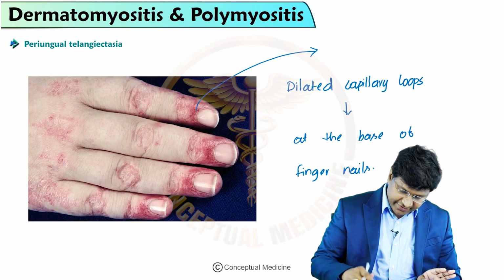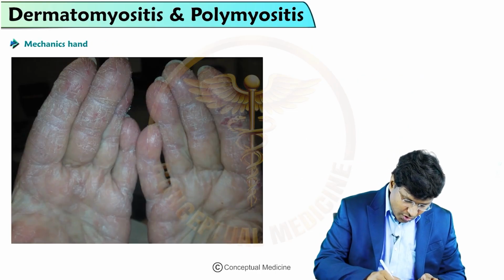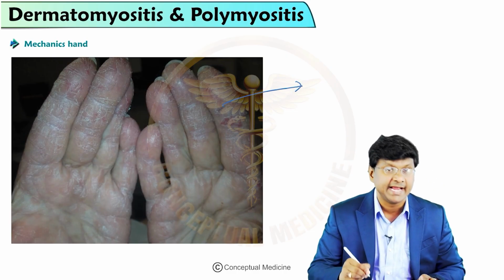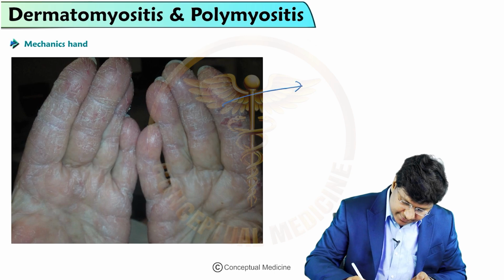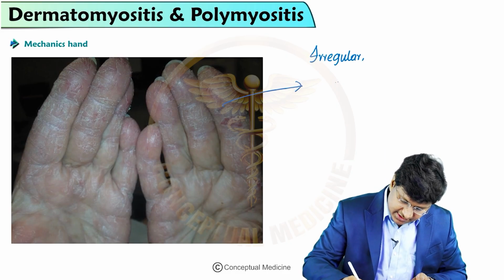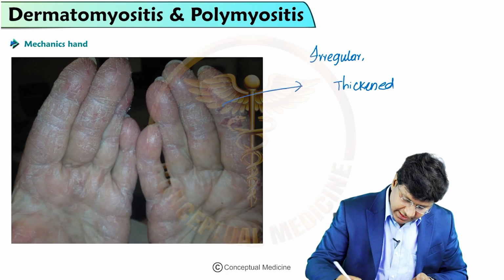And you have a characteristic hand that is called as the mechanic's hand. So here, if you take the skin of these individuals, the skin, it is irregular, thickened, right?